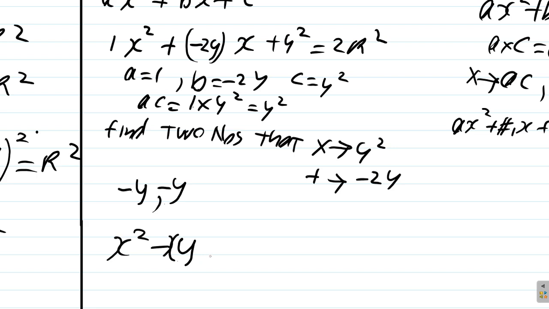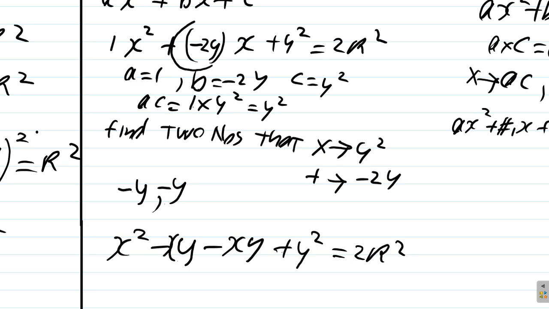If it was numbers, you would say the number then x. But since it's xy, generally just follow the pattern and put it in alphabetical order. Minus y times x minus y times x, right? Plus y squared equals 2r squared.